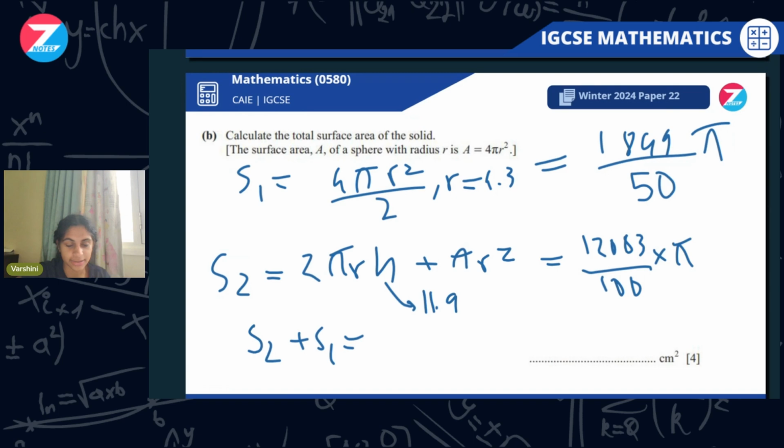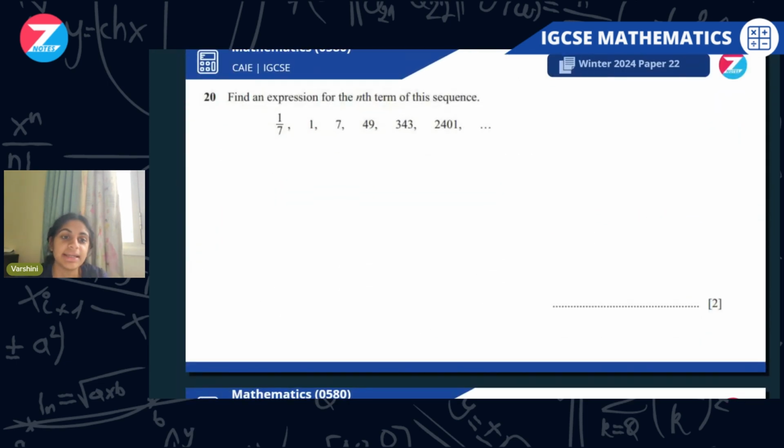So put that in your calculator, and make sure it's a fraction: 1849 pi divided by 50 plus 12083 pi divided by 100. Your answer should be 495.7. Now round it off and you'll get 496.